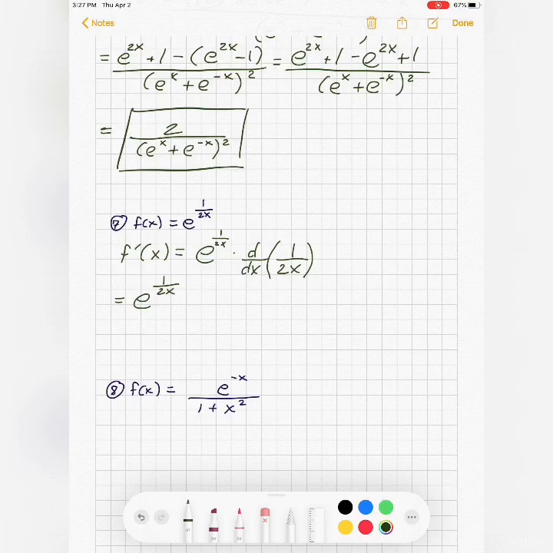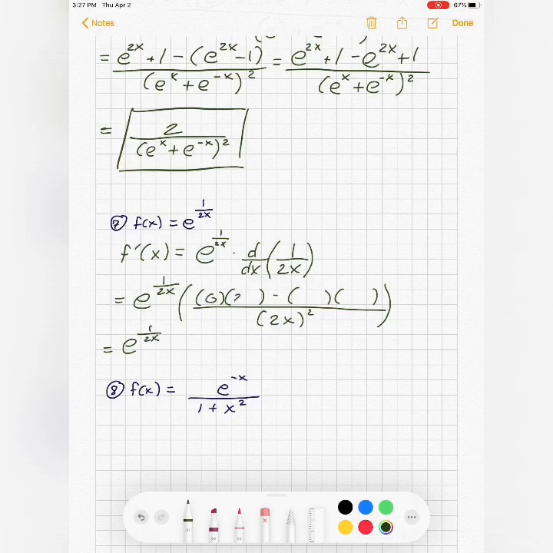So then I'm using the quotient rule. Looks like so. Okay, so what is that? Derivative of the top, 0, times the bottom. Derivative of the bottom times the top.